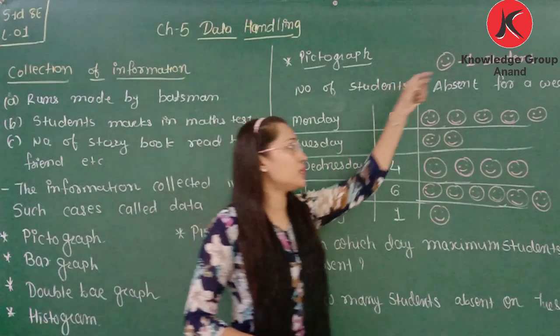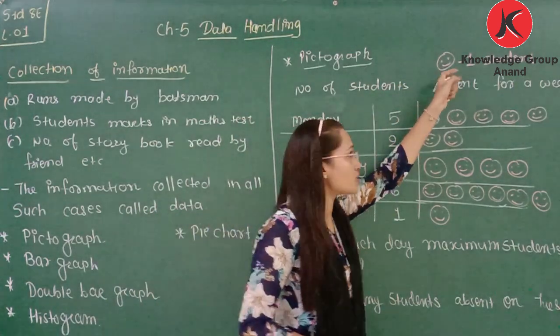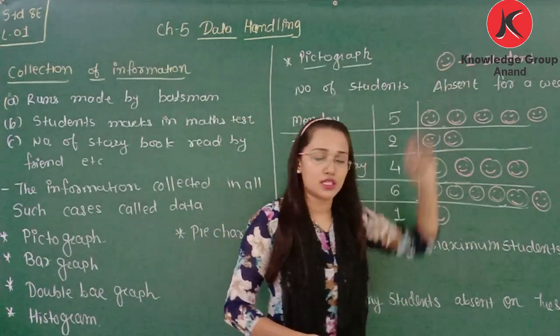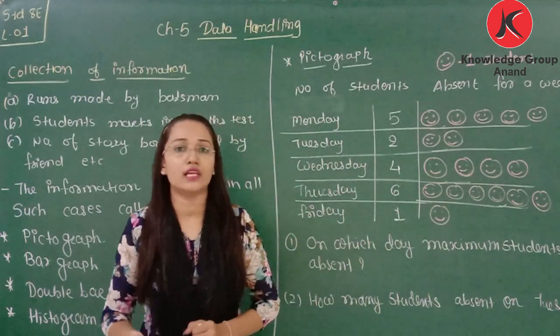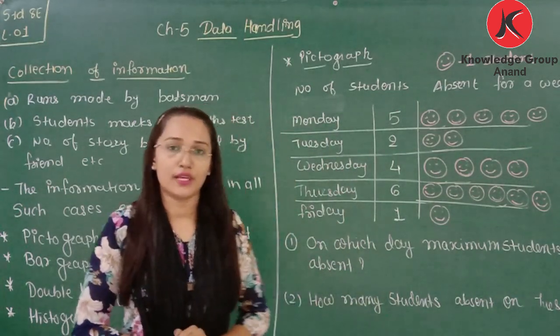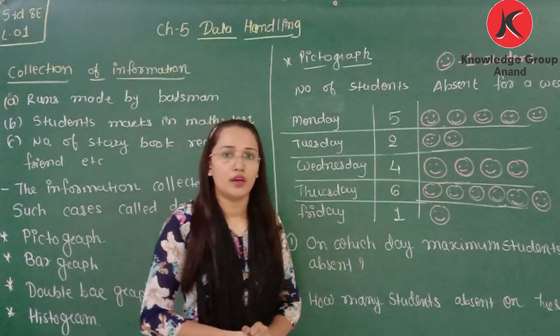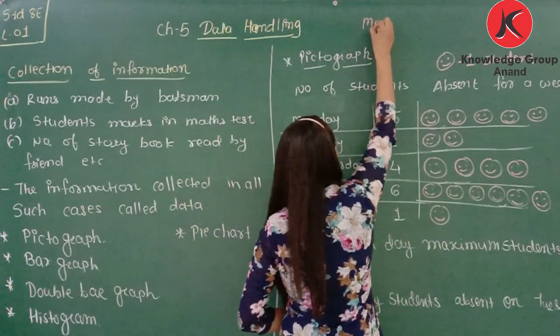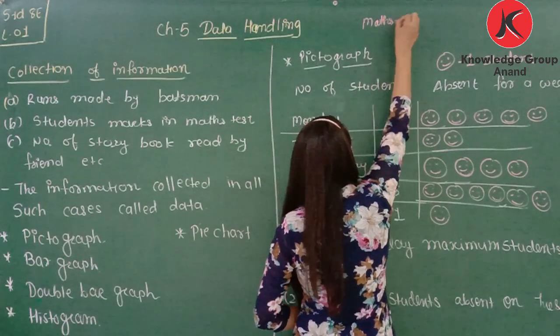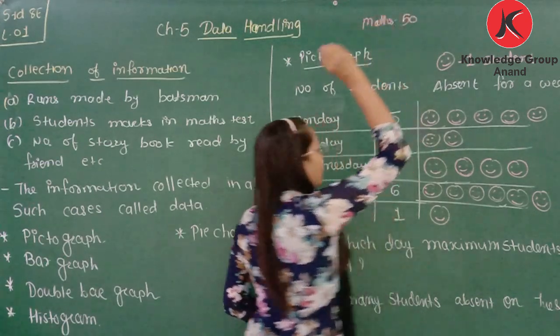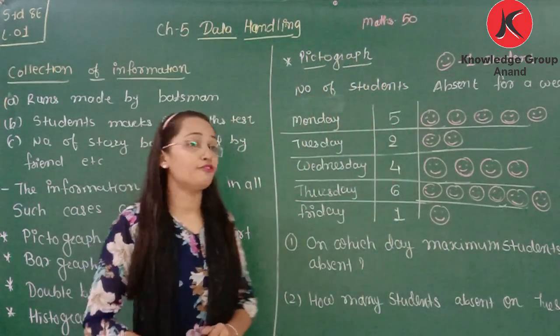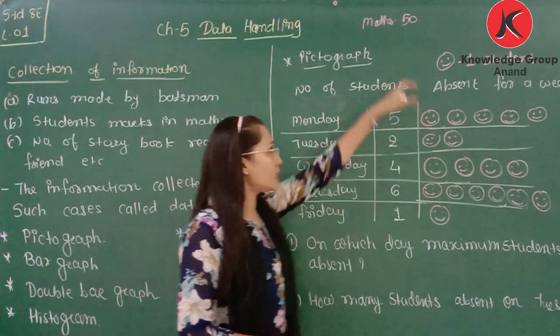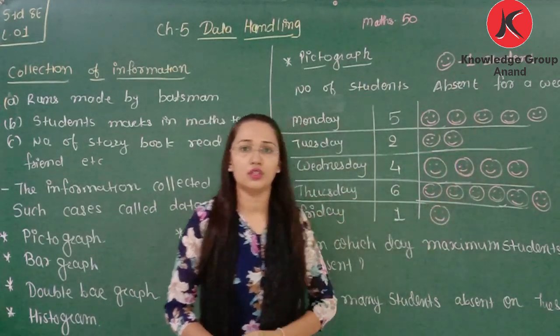Every time it is not possible to take 1 smiley equal to 1 student. If we have large information, for example marks of students, and in maths one student gets 50 marks, it is not possible to draw 50 smileys for each student.